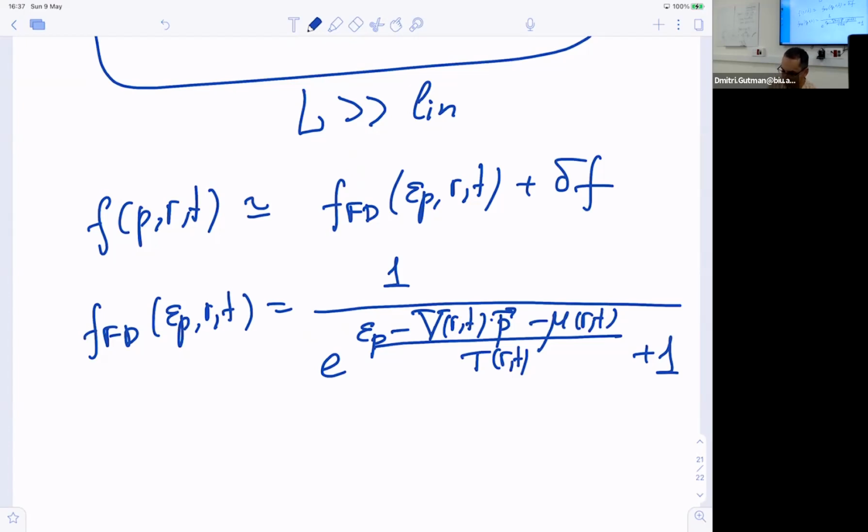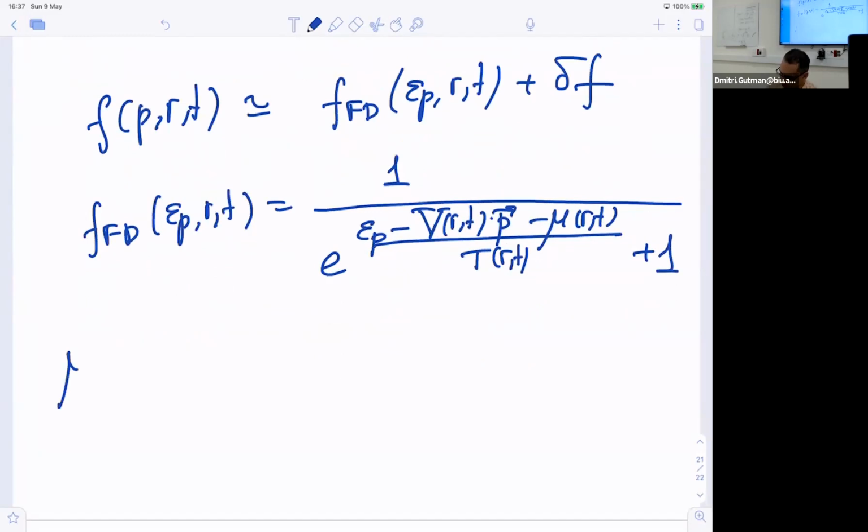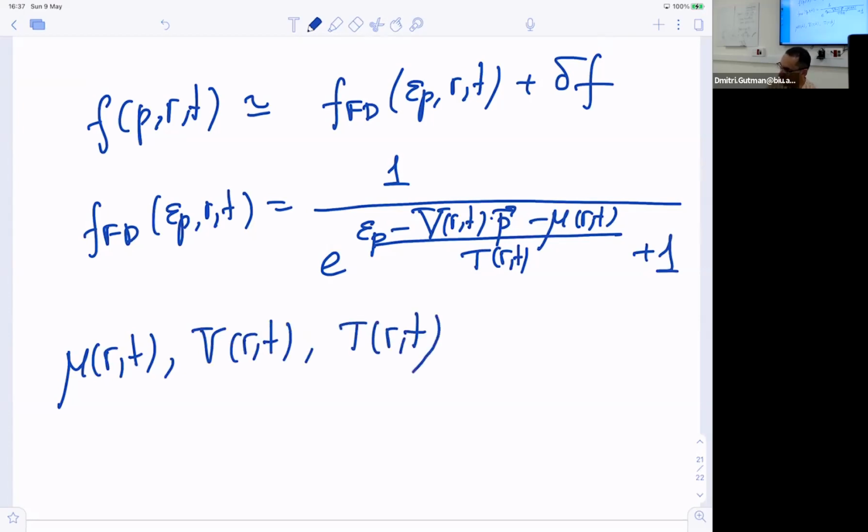So we can now treat these guys as slowly varying classical fields. And on this solution, the collision integral acting on the Fermi-Dirac function will yield 0.